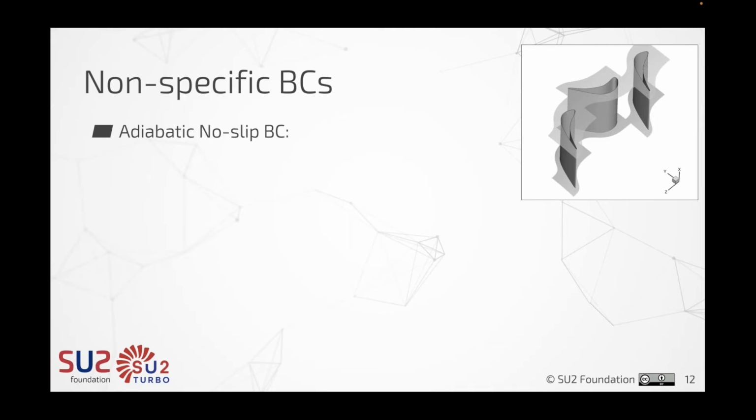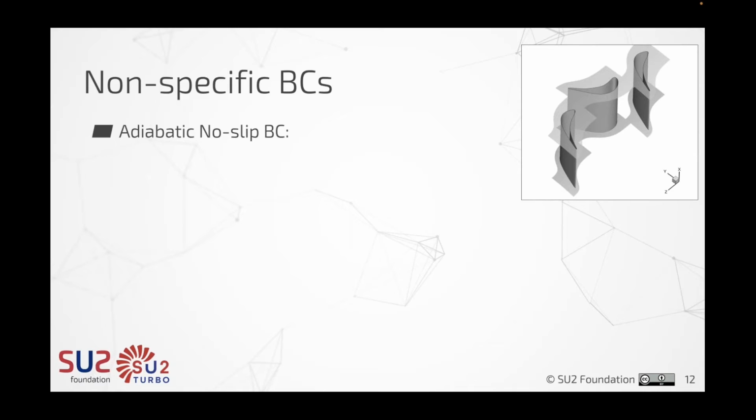And usually we specify this no-slip condition that basically forces the fluid velocity at the wall to be 0. And then we have to say something more about what's going on from the thermal point of view.